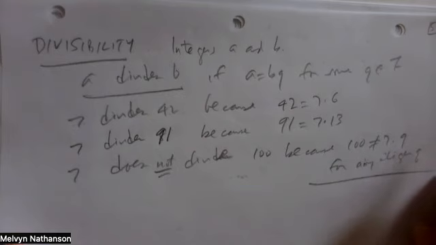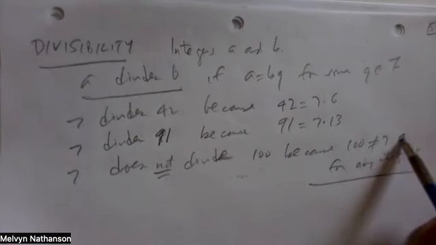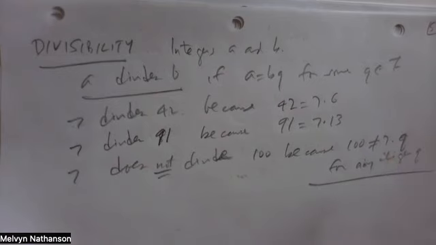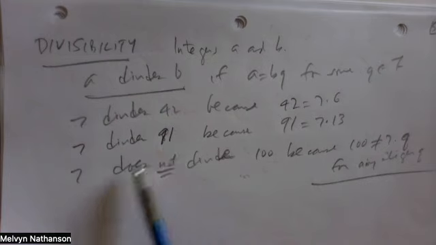We're not talking about the fact that 100 over 7 is a fraction. It is a fraction, but it's not an integer. So 7 divides 42, 7 divides 91, 7 does not divide 100. So divisibility is a basic concept, which in fact you learned in elementary school. 3 divides 6. 6 is 3 times 2. That's all we're saying.